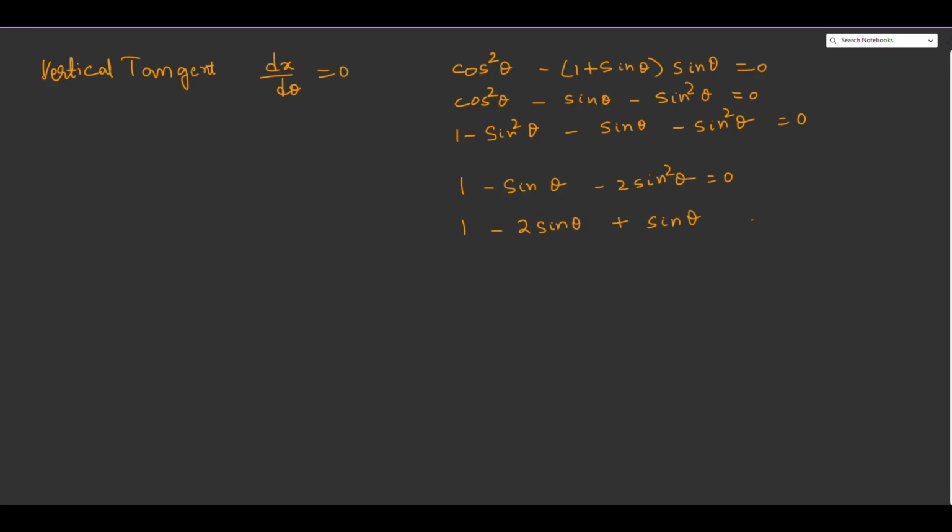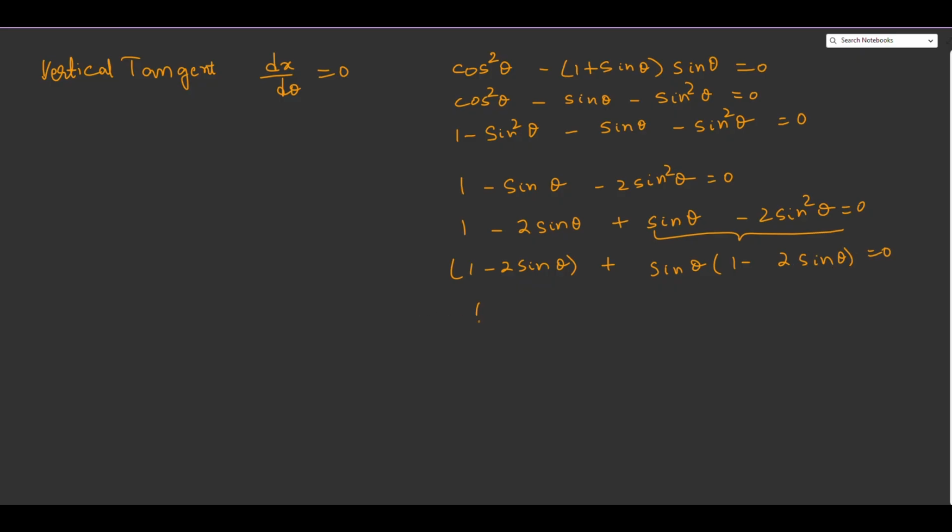We are factorizing this equation in order to find the values of theta. So 1 minus 2 sine of theta, and from these two terms we can take sine theta as a common factor, and inside we will get 1 minus 2 sine of theta.